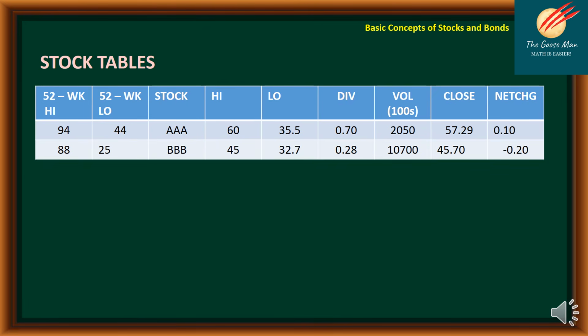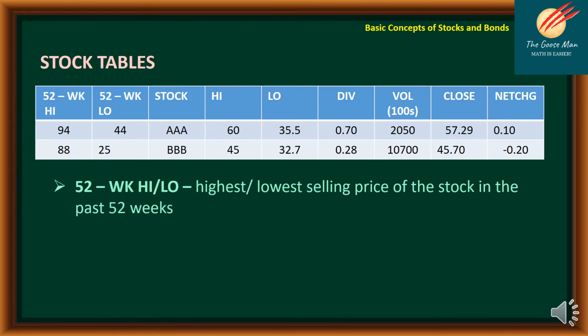The next thing that we will consider is what we call the stock tables. The 52-week high-low is the highest and lowest selling price of the stock in the past 52 weeks. If we have here the stock AA, the highest is 94 while the lowest is 44.